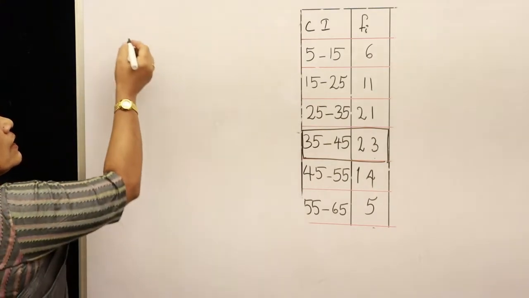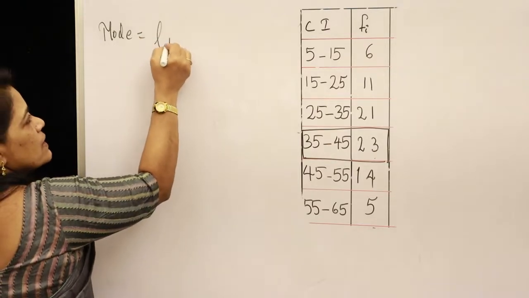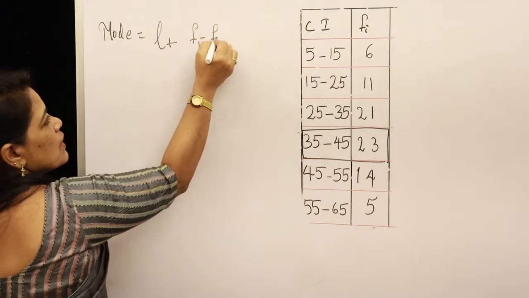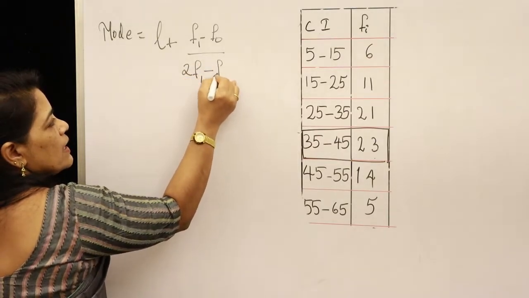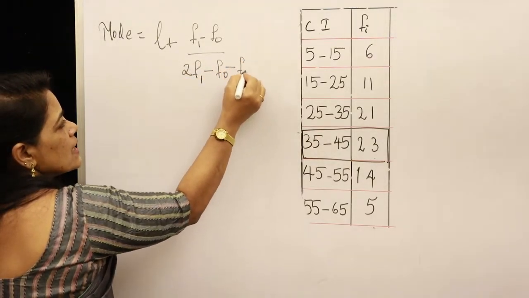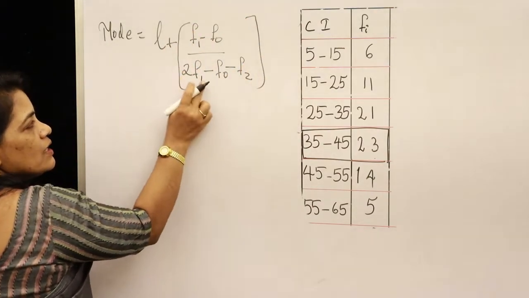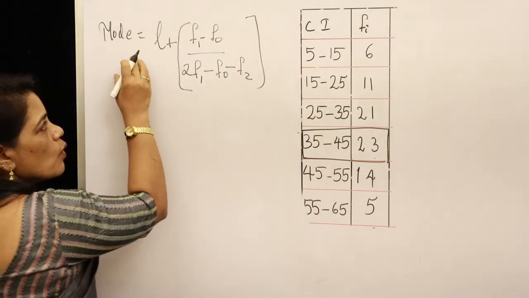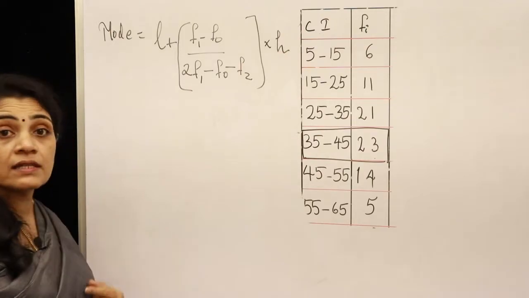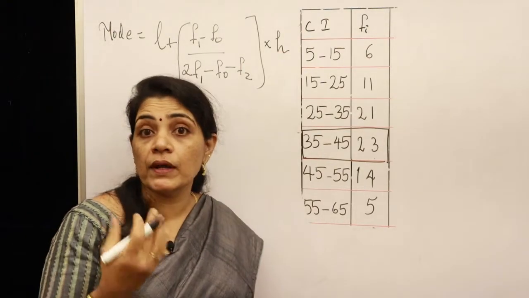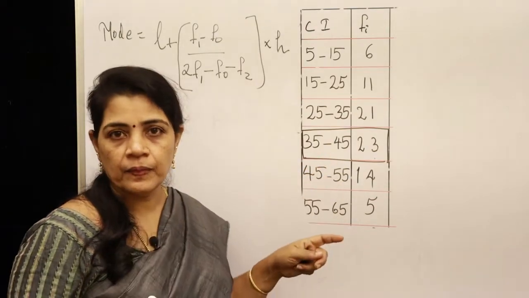Okay, so children, mode is equal to the formula, that is L plus (F1 minus F0) divided by (2F1 minus F0 minus F2). This is a fraction. This L is independent from this fraction, it is a whole number, okay, into H. H is the class size or class width, upper limit minus lower limit, and we have already seen that it is 10.